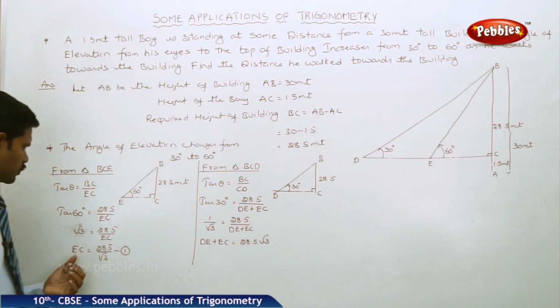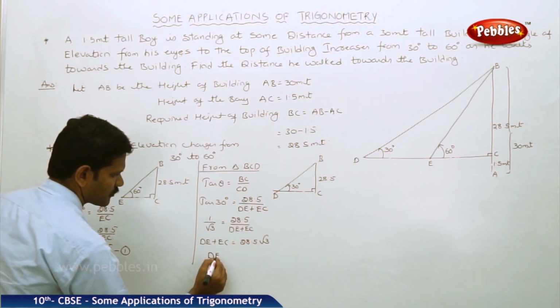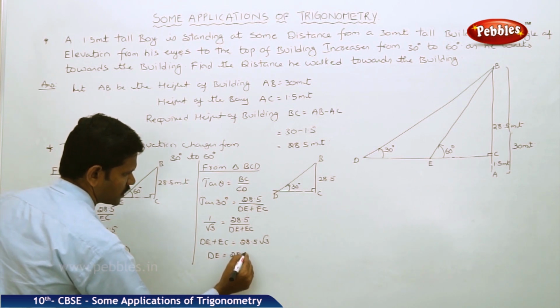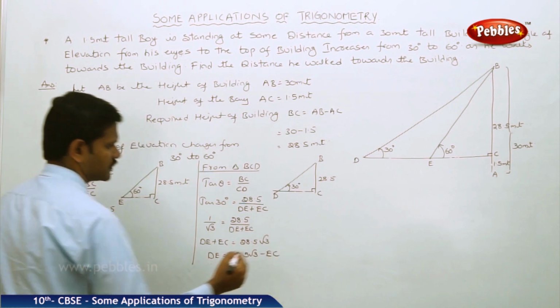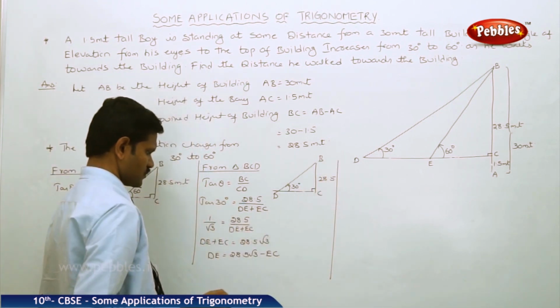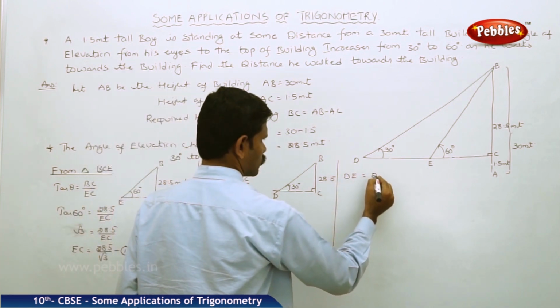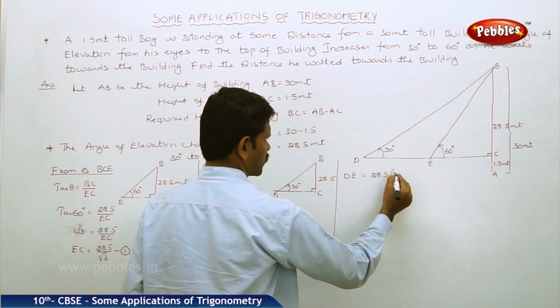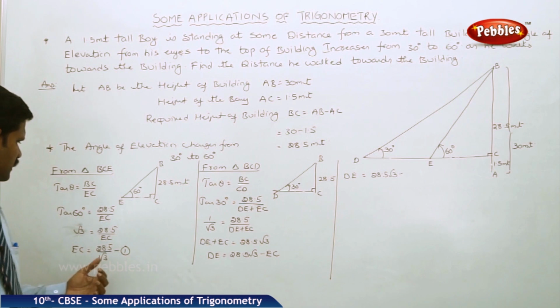Now we know the value of EC, so DE is equal to 28.5 root 3 minus EC.